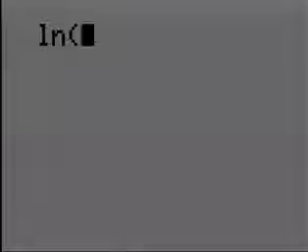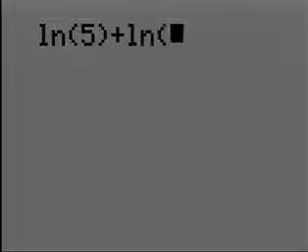We're going to compare the natural log of 5 plus the natural log of 4. So we'll take the natural log of 5 plus the natural log of 4, and that gives us about 2.9573227. And let's see what the natural log of 20 is. Looks like about the same thing. So the calculator is telling us that these two expressions are equivalent.